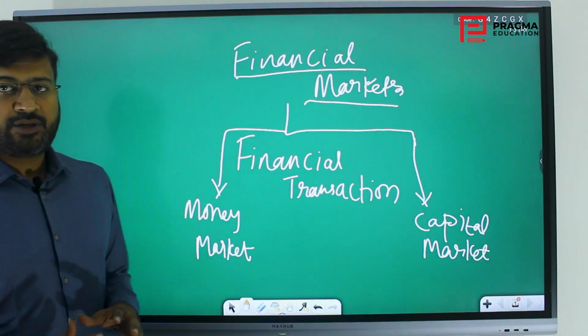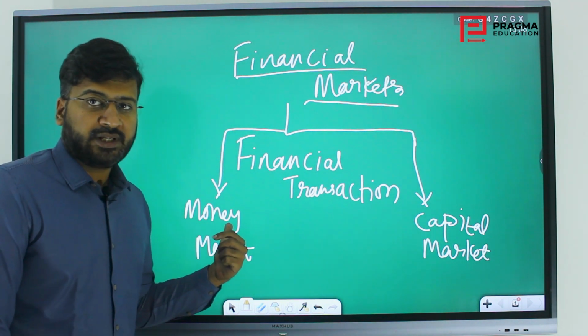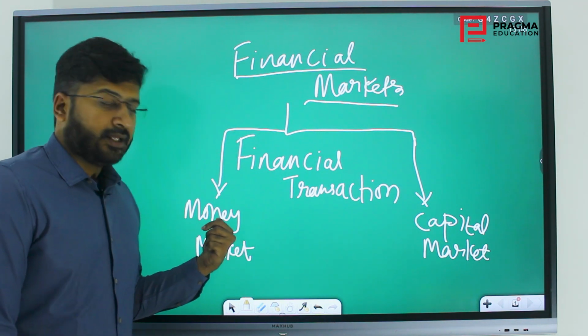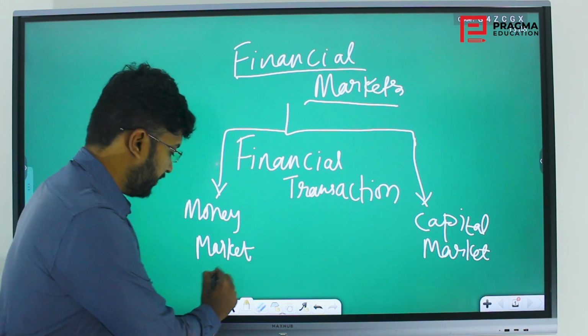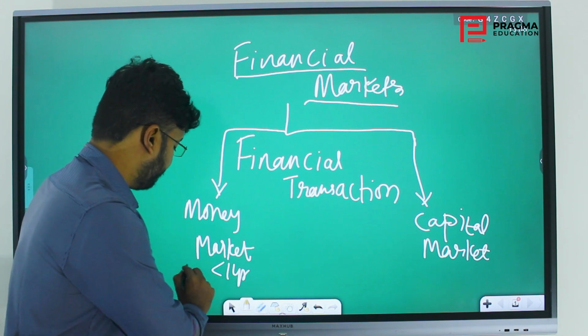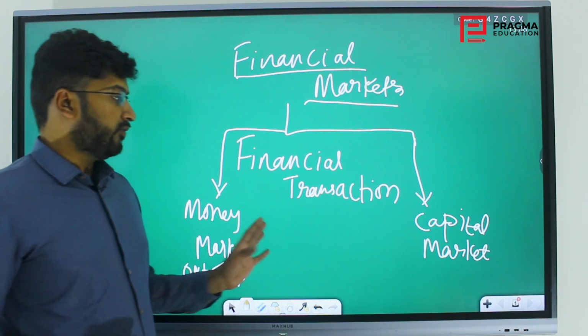So you can differentiate both of them using the name itself, that is money. This is more liquid. This is the market where the money is exchanged, the cash is exchanged, for overnight to 1 year. That is the time period for money markets.